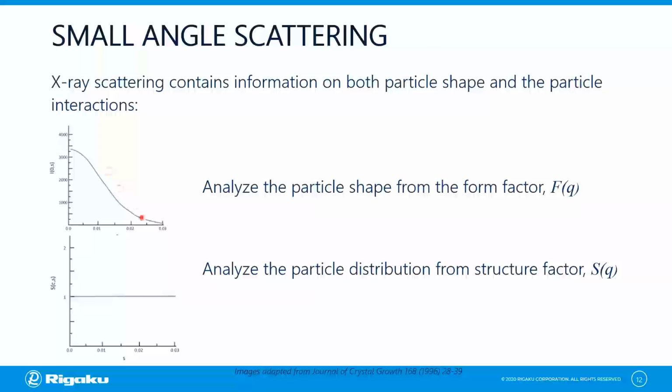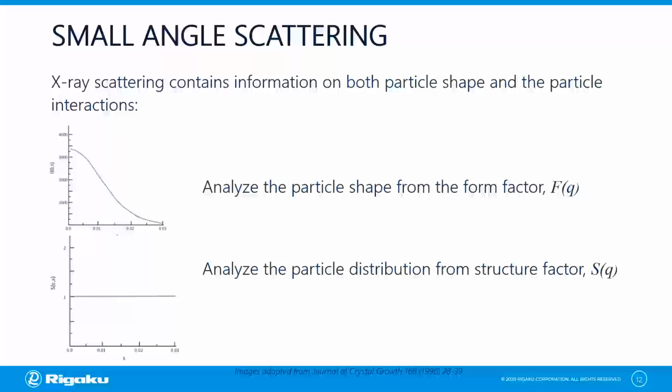Well, the form factor contains the information about the particle shape, and the solution structure factor, S of Q, contains information about the particle distribution or molecular distribution throughout our solution. And if there is no interaction, then the value of this term is 1 for all scattering angles.